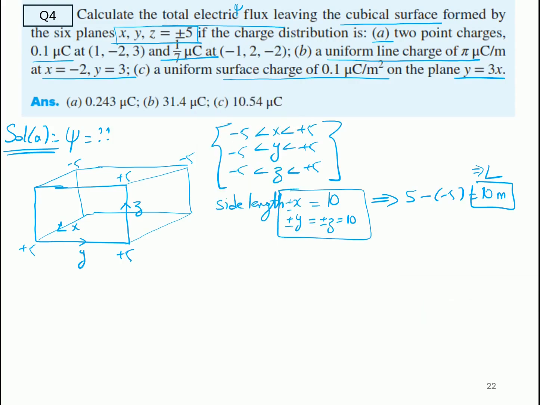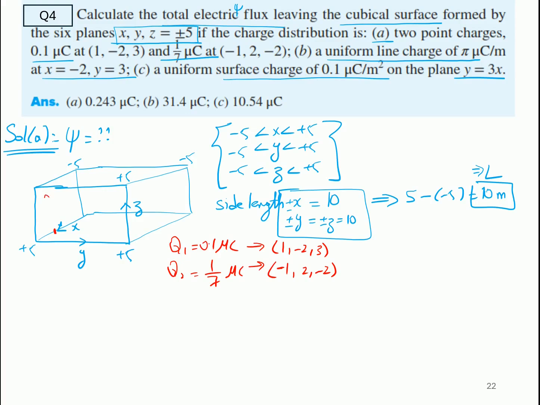So for the first part, Q1 is having a value of 0.1 microcoulomb and Q2 is having a value of 1/7 microcoulomb, and the first charge is lying at 1, minus 2 and 3, and the second is lying at minus 1, 2 and minus 3.